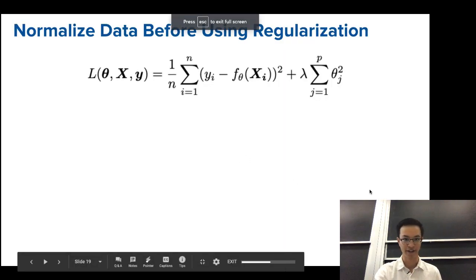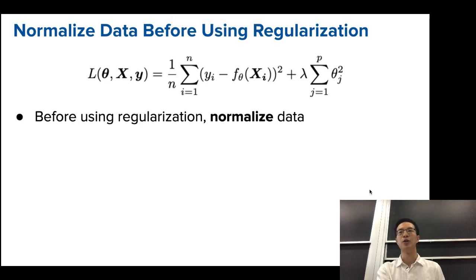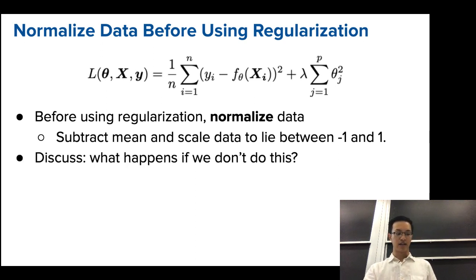I've got one more question for you. When we perform regularization, I normalize data. By normalize, I mean I take my data columns, and for every column, I subtract the mean, and I scale the data to lie between -1 and 1. I want you to figure out what happens if we don't do this.